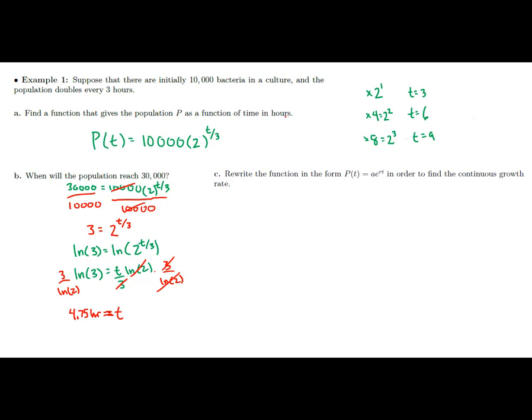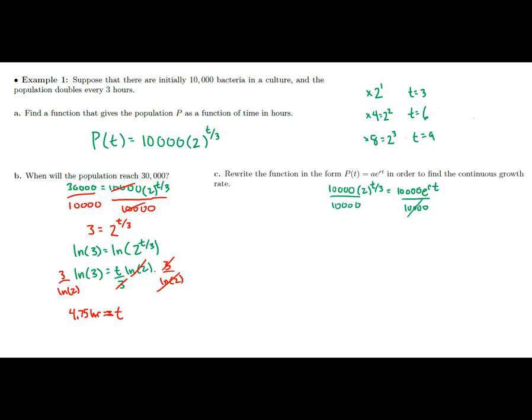So instead of how we framed the function before, we want to write it as a times e to the rt. So we just need to find what r is. So I can take my 10,000 times 2 to the t over 3 and set that equal to 10,000 e to the rt. And of course, I can quickly get rid of the 10,000s on both sides by dividing.